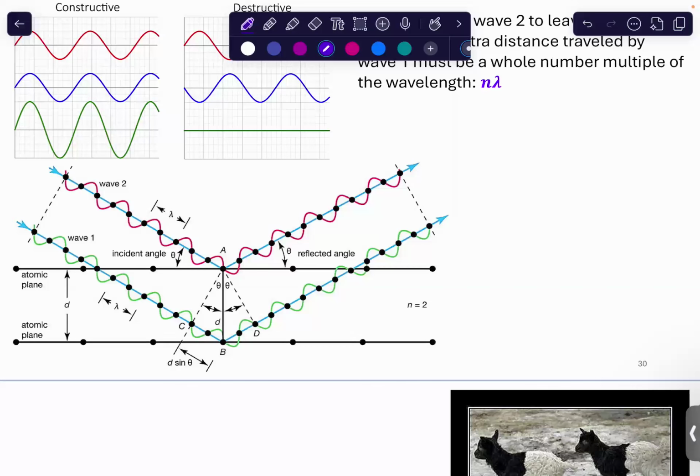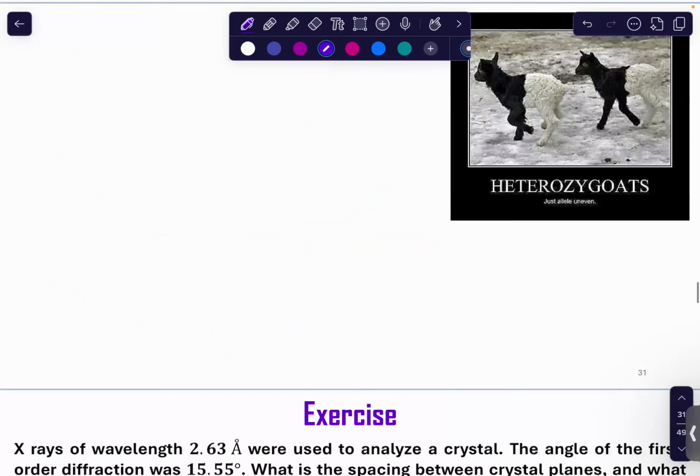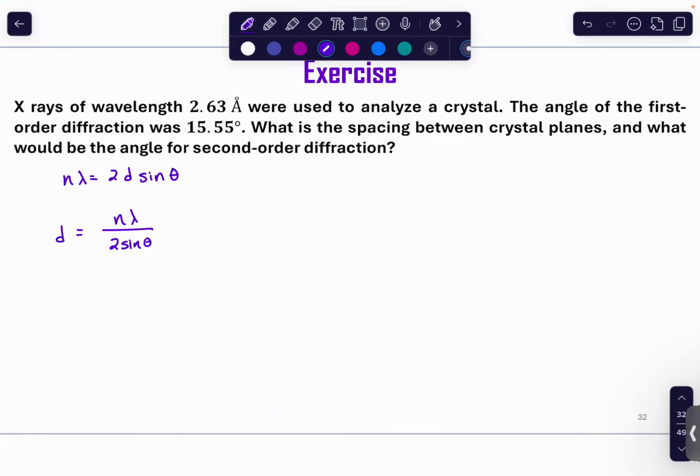There's something we don't have that first or second order tells us. Yeah. What's second order? N equals 2, so what's first order? Yeah, there you go. Okay, so our first order reflection, this is going to be N equals 1, so I just need lambda.